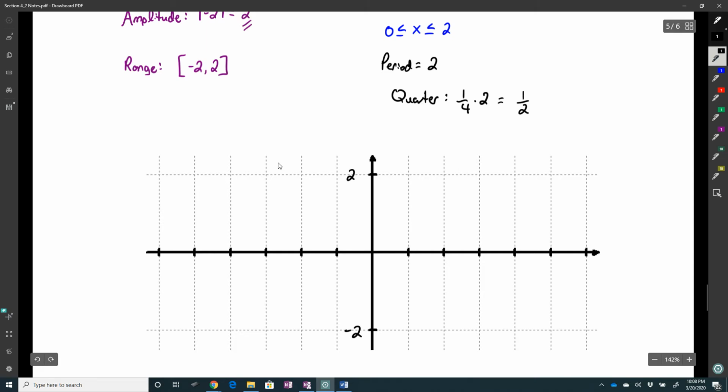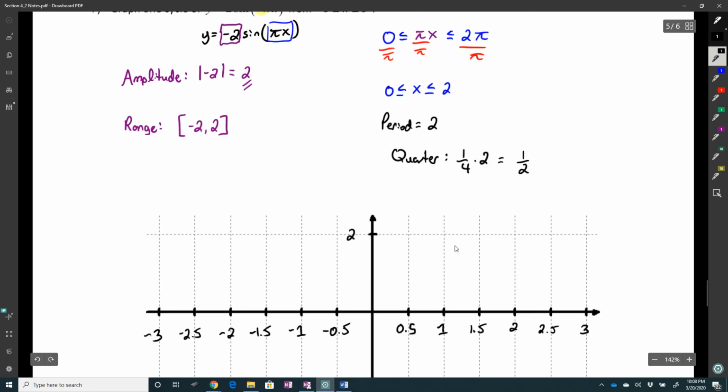So I have 1/2 or 0.5, 1, 1.5, 2, 2.5, 3, and I can go backwards: -0.5, -1, -1.5, -2, -2.5, -3.